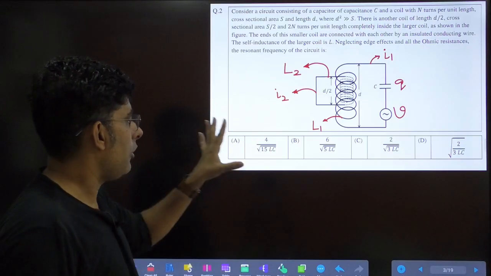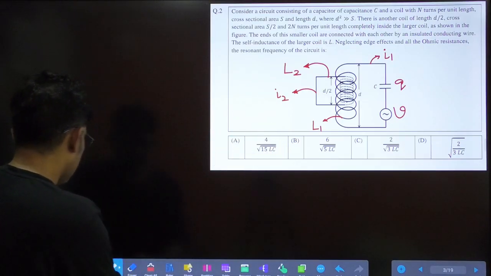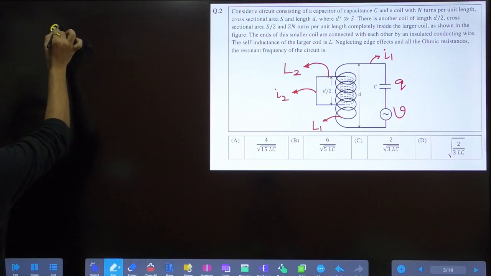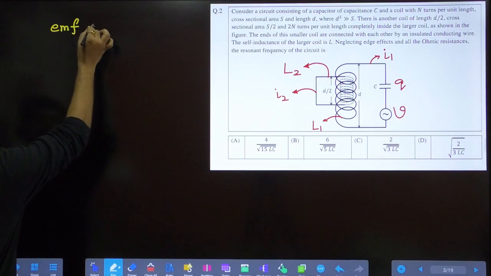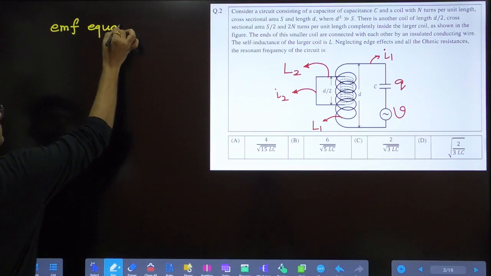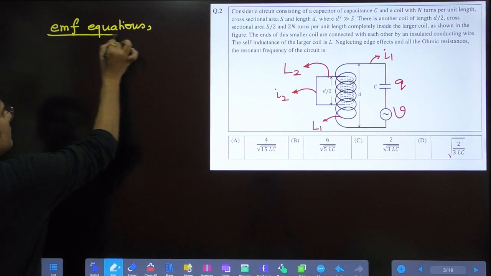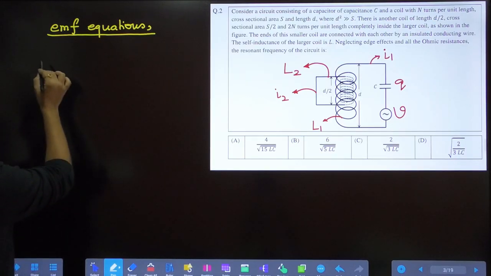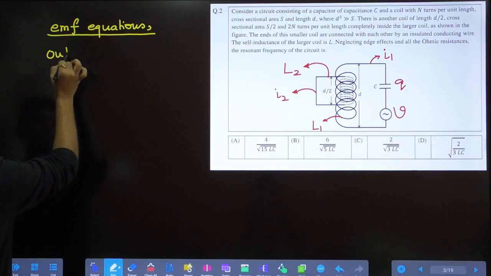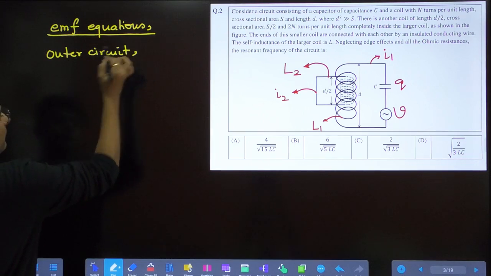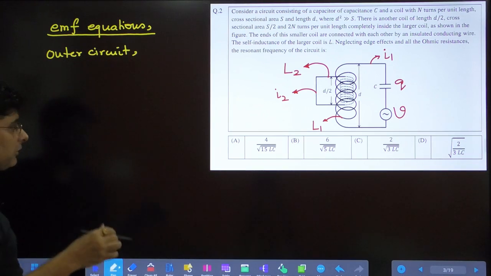Okay. So if we write the EMF equations at any instant, first we can write for the outer circuit. So for the outer circuit, what will be the equation?